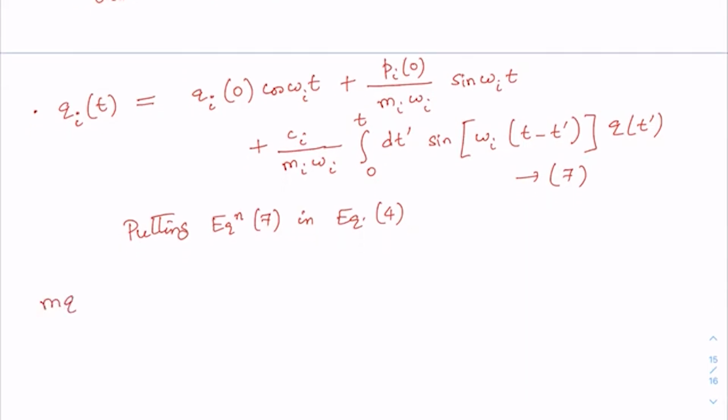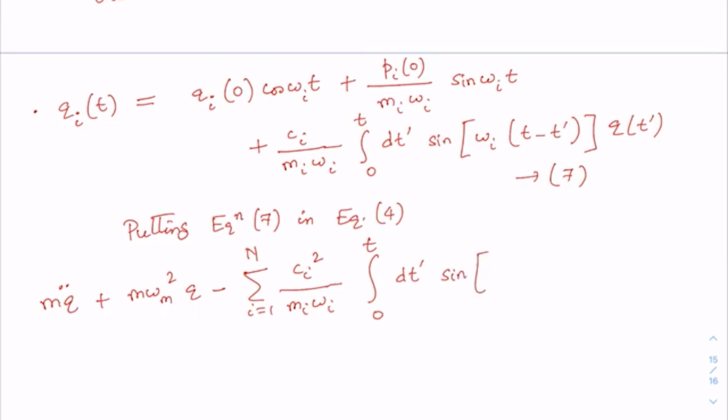This would be mq double dot plus m omega m square q minus sum over i equals 1 to n of ci square mi omega i, integration 0 to t dt dash sine omega i (t minus t dash) q of t dash, plus q.